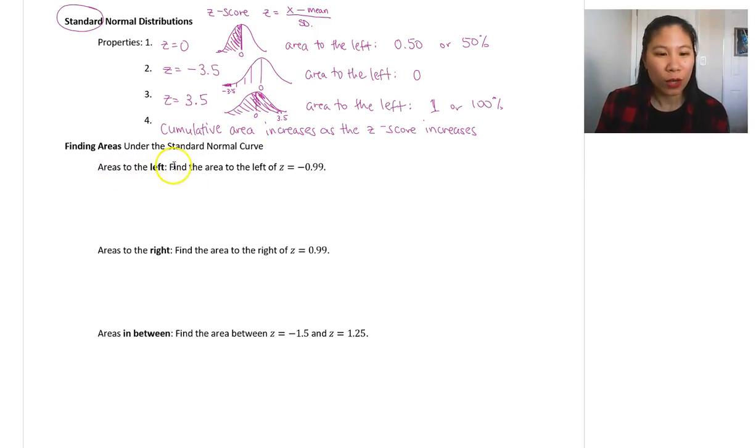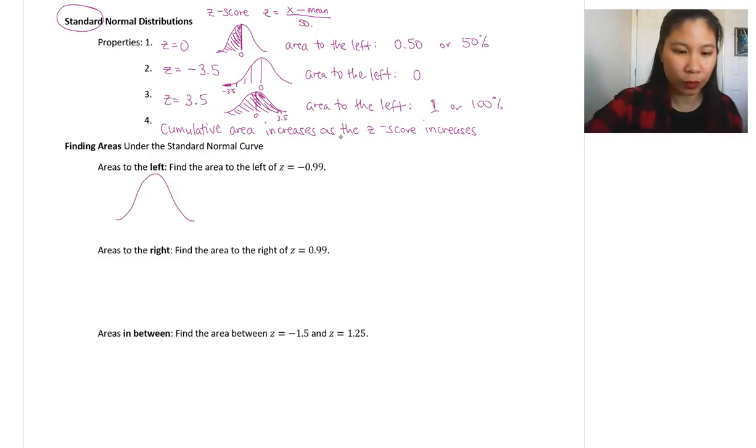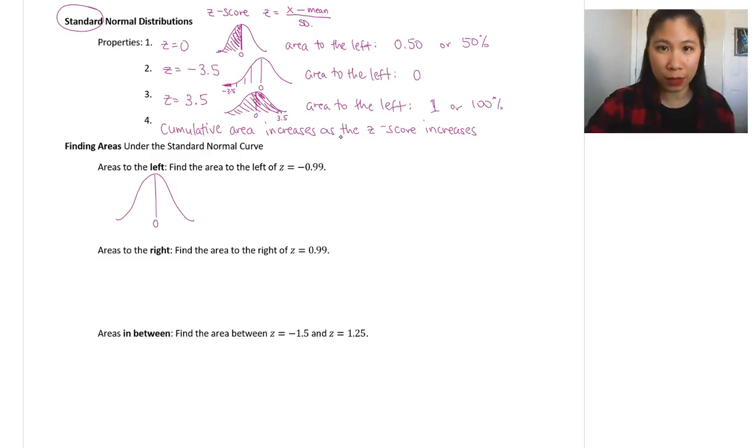So first, we want to be able to find the area to the left of z equals negative 0.99. Anytime they're telling you a z-score, we're going to first draw out our normal curve, because z-scores always deal with normal curves. When we're dealing with z-scores, the mean is always going to be 0, like we talked about with the first property of a standard normal distribution.